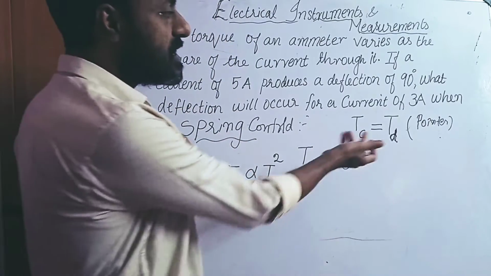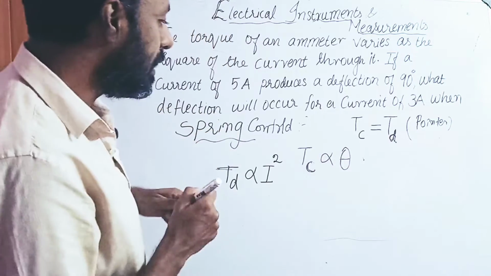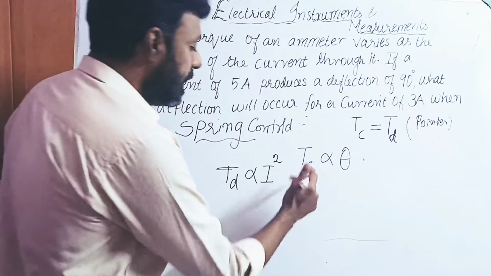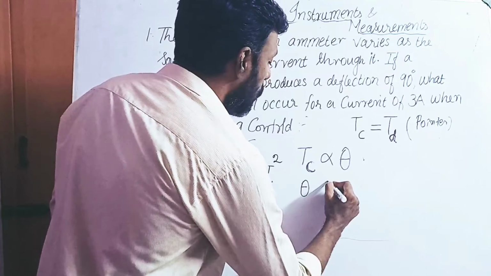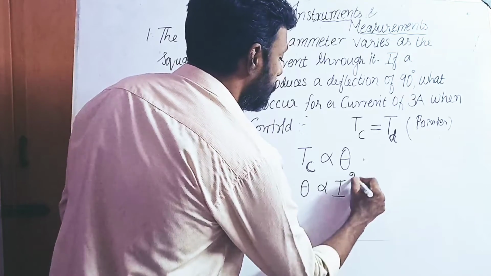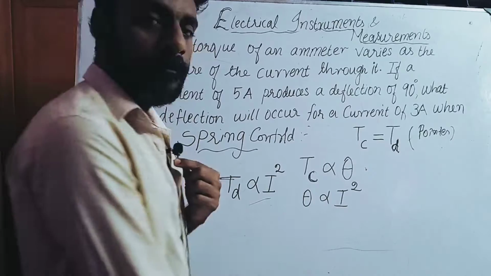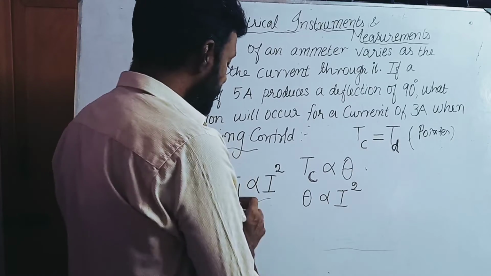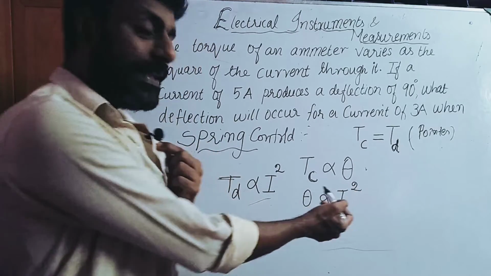So that is the condition we need to apply here. When TC equals TD, what will happen? TD is directly proportional to I squared and TC is directly proportional to theta.